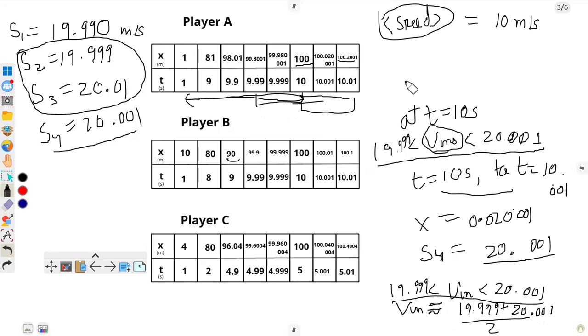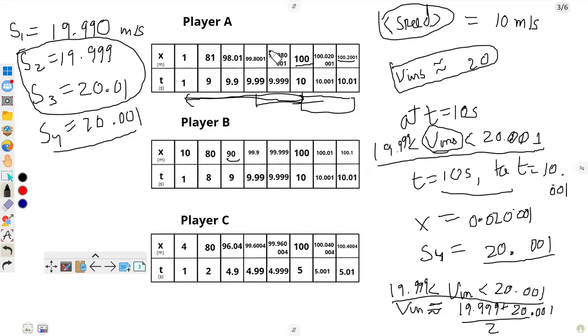And so it turns out, wait a minute, guys. Right. So our V instantaneous is nearly equal to 20. And stick around, guys. We will actually find out that V instantaneous is actually equal to 20.